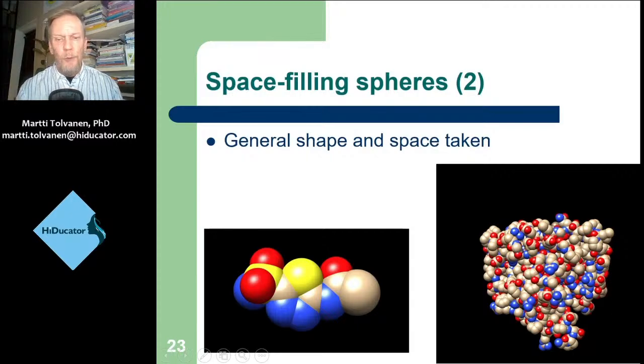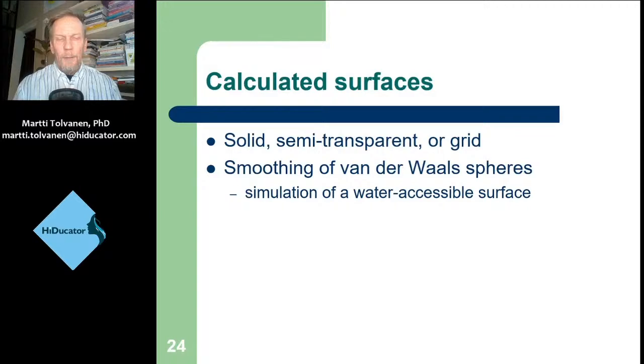This is about 200 amino acids. But these are kind of awkward in that a molecular surface is certainly not consisting of nice bright colored spheres.